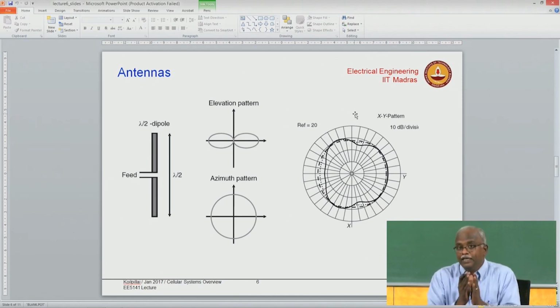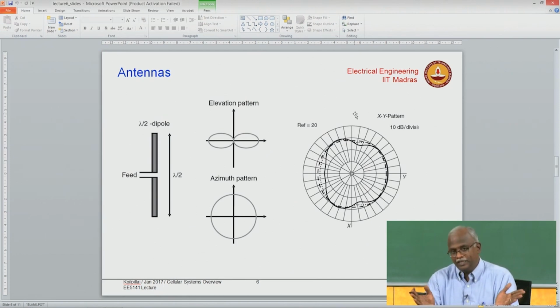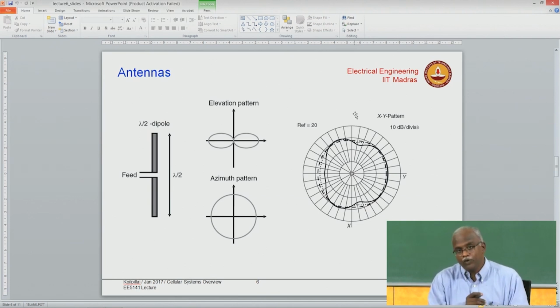On the other hand, when we talk about a base station, as we saw in the last lecture, initially for concept we talked about base stations that could radiate in all directions, but when it comes to practical deployment, we find that the practical way to deploy a base station would be to have radiation in a sector, and typically the sectors used in a cellular system are about 120 degrees.